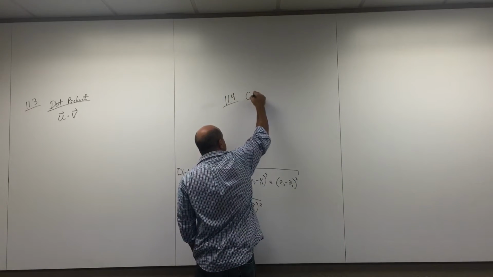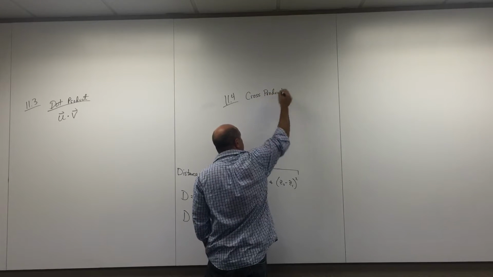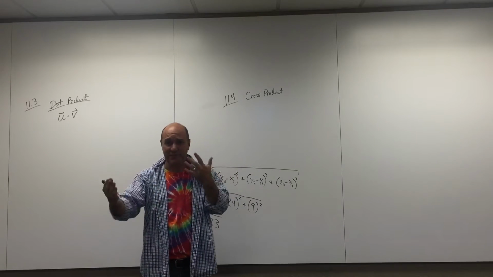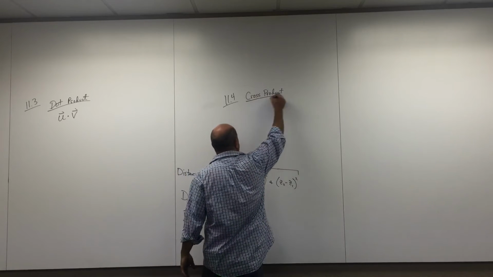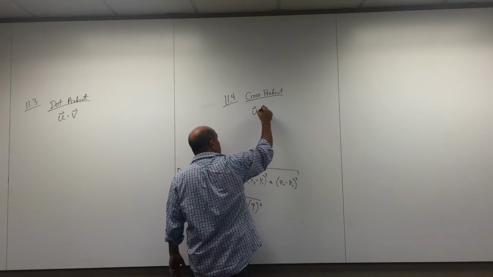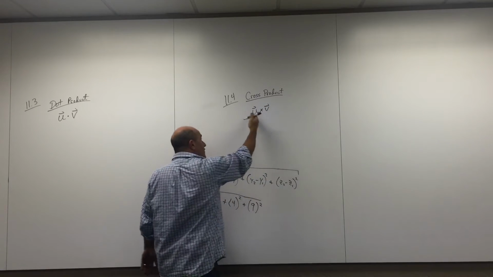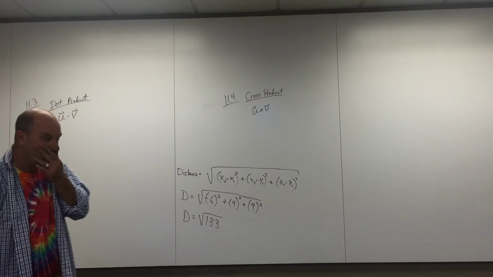We call it the cross product. It's a different type of multiplication. When you're dealing with numbers, you've got multiplication, but with vectors, we have 2 types of multiplication. So the notation here, we call it a cross product, or we use this notation. It's a different type of multiplication.